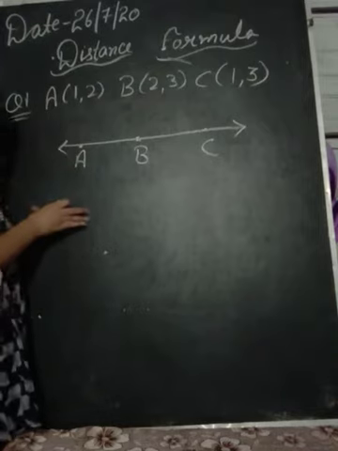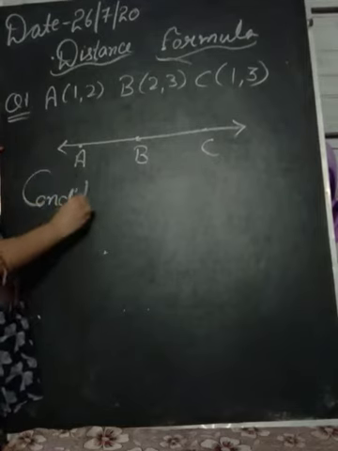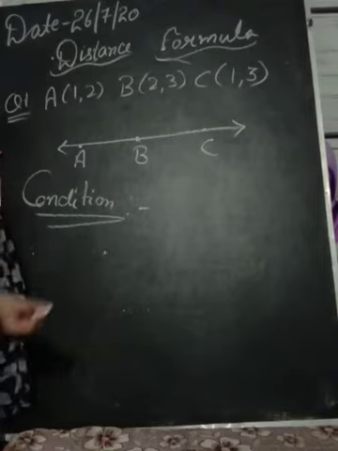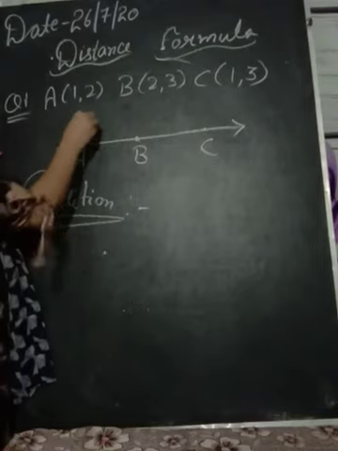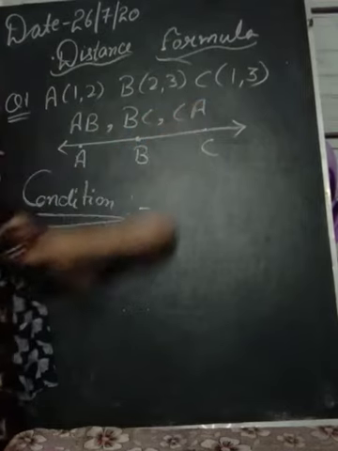After that, one condition is also there. What is the condition? To prove it, we have to find the AB distance, BC distance and CA distance.